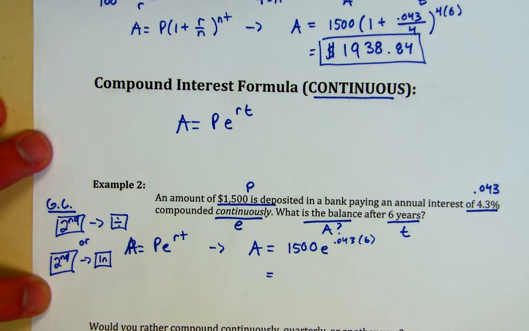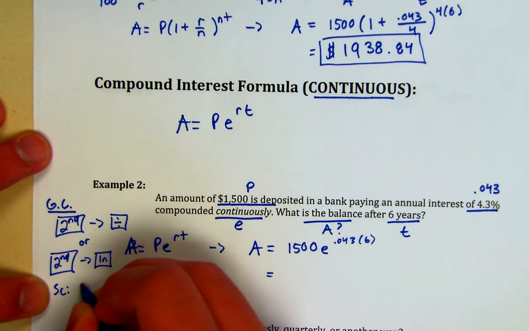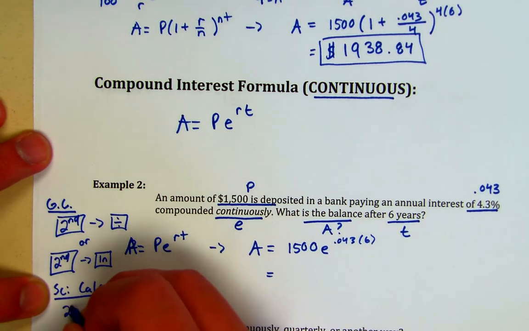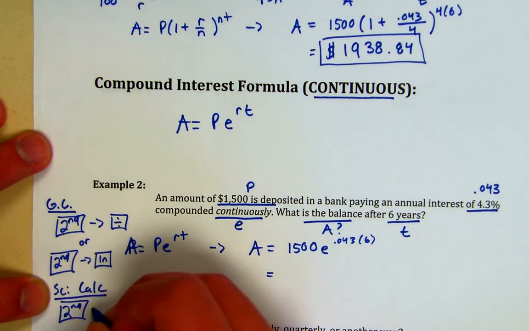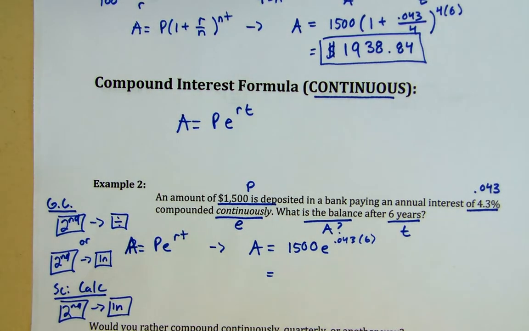That's a few buttons down from second. In your scientific calculator, you hit second, and then 2 buttons down is ln. There is no actual just E on the scientific calculator.